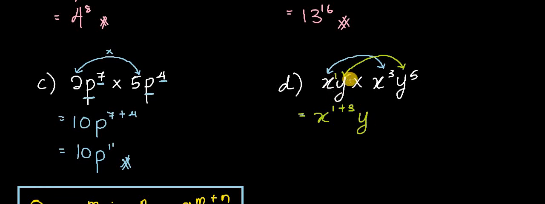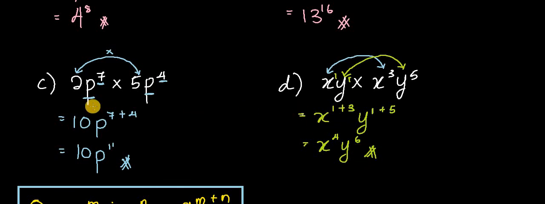Here there is no power, so the invisible number is 1. So Y to the power of 1 times, that means I'm going to add Y to the power of 5. Alright. So this is how you solve algebraic indices. So here I will get X, 1 plus 3 is 4, and Y, 1 plus 5 is 6. This is how it's solved.